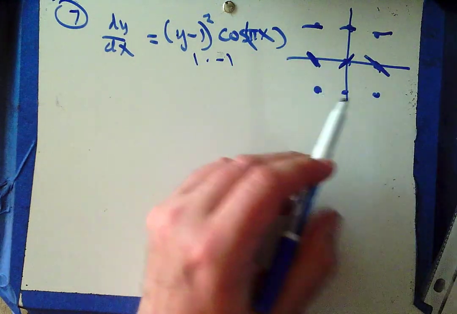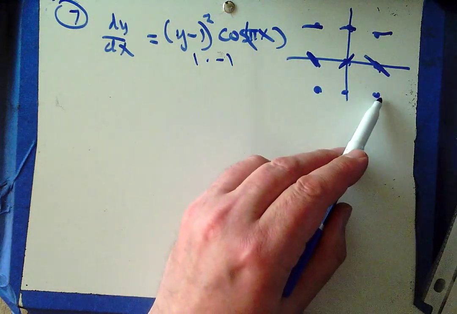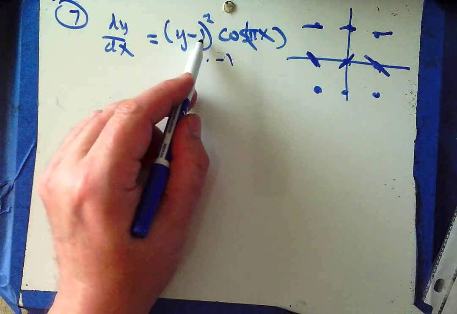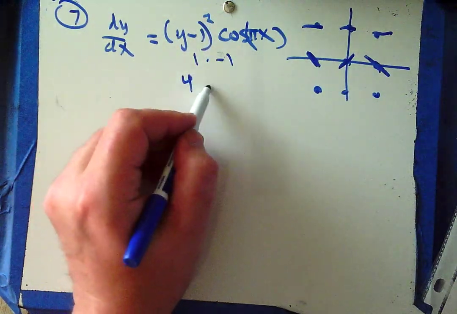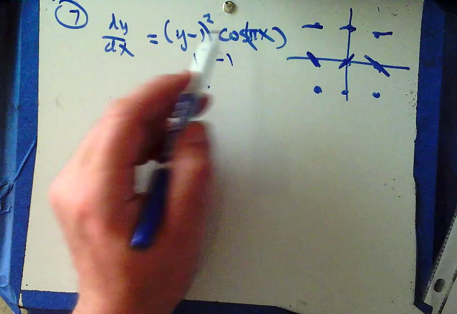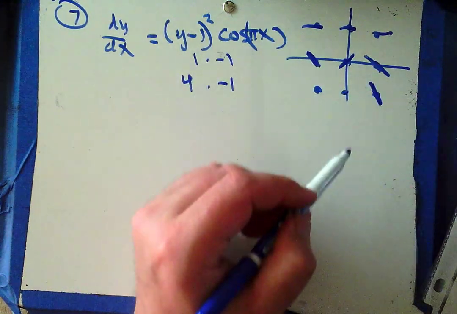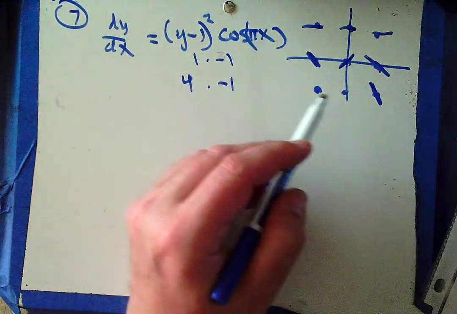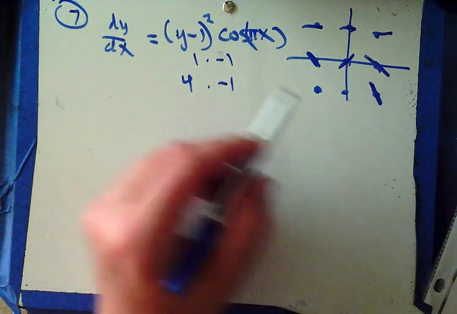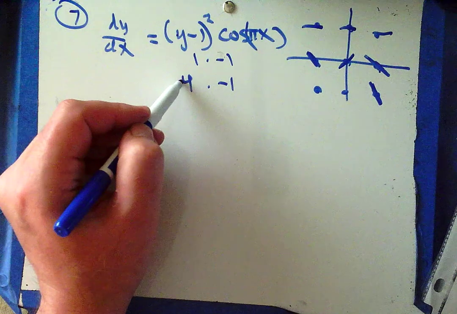Okay, now what about plugging in 1, -1? So that's going to be -2 squared, which is 4. And if I plug in a 1 here, cosine of pi is -1, I get a -4. If I plug in 0, -1, well, this is still going to be 4.